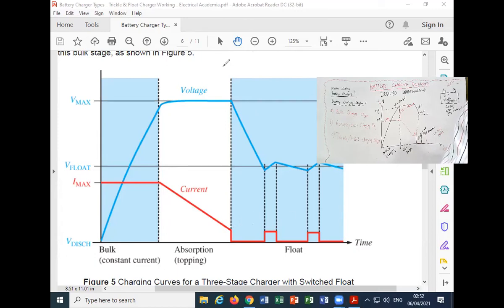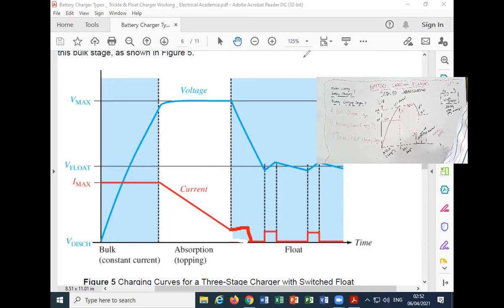In some cases you have such a type of graph, then it disconnects. Now the battery charger understands that this is the 4 ampere current, the lower value of current, which is constant for some time. So at this time it disconnects the charging.